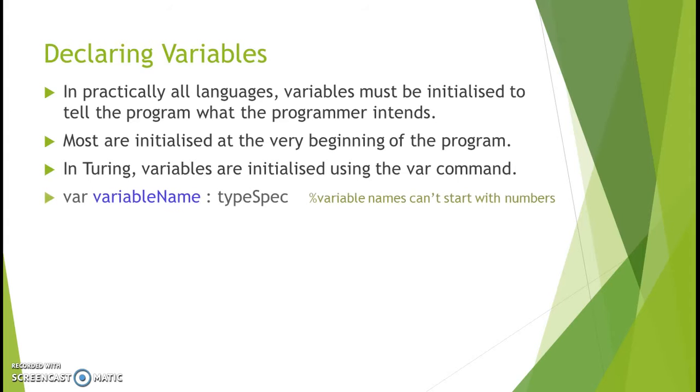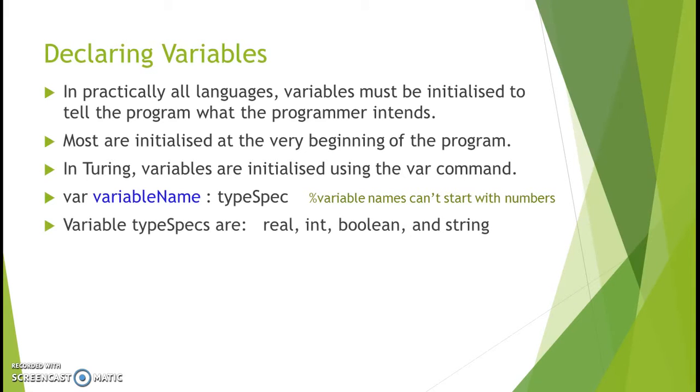And the var command is how Turing does this, and the syntax looks roughly like this. Notice I've made my text look like what's in the compiler, and of course my comment that variable names are not allowed to start with numbers.